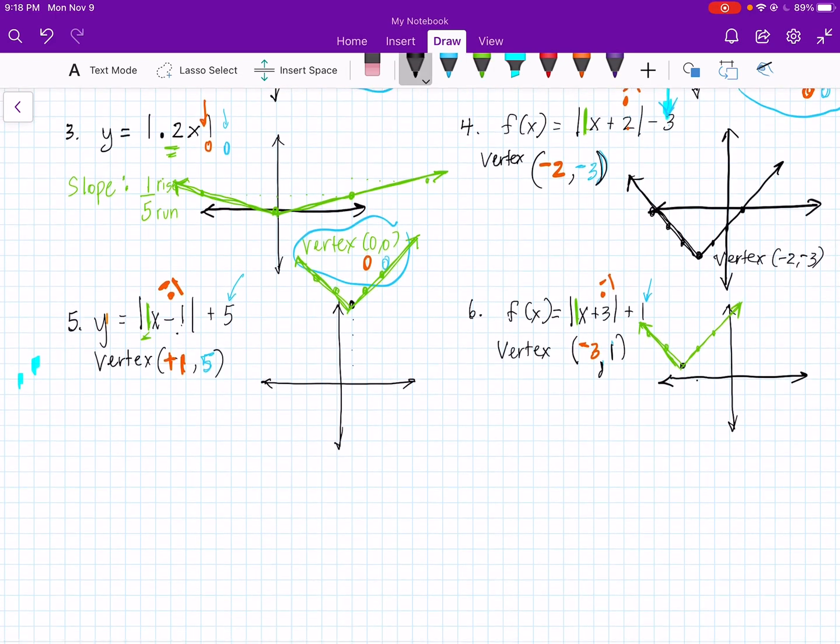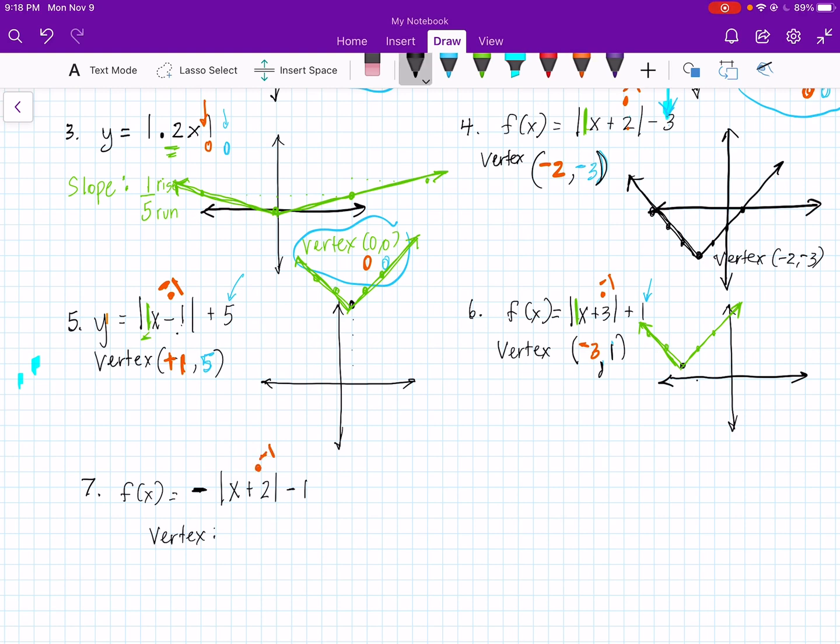All right, last one I want to talk about. So one more characteristic I want to show you is number 7. F of x equals negative on the outside, x plus 2, and then on the outside of the absolute value, -1. So first and foremost, my vertex. My vertex is going to be inside, times it by a -1.